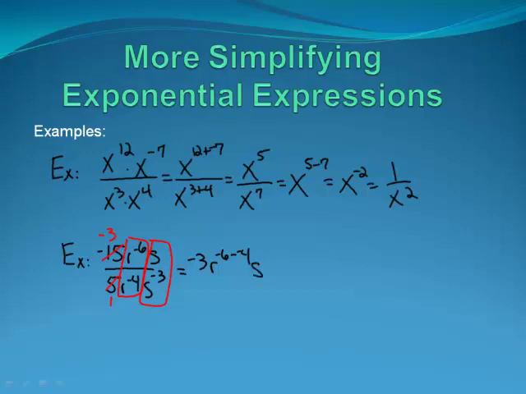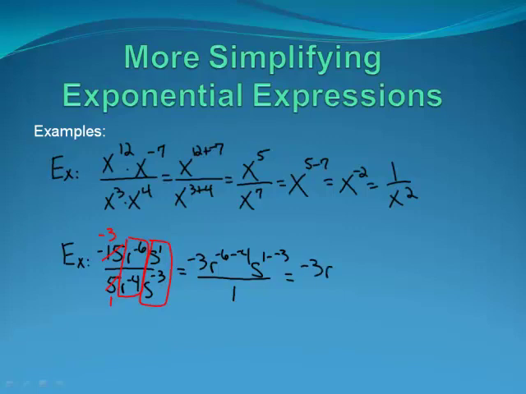In both cases, for r and s, remember s has an understood exponent of 1, so we've got 1 minus negative 3. Now all that is in the numerator. When you use the property where you subtract exponents, that remaining base always is up in the numerator. Therefore, notice that the only thing left in our denominator is a 1, and so we can ignore that denominator now. So now we've got negative 3.